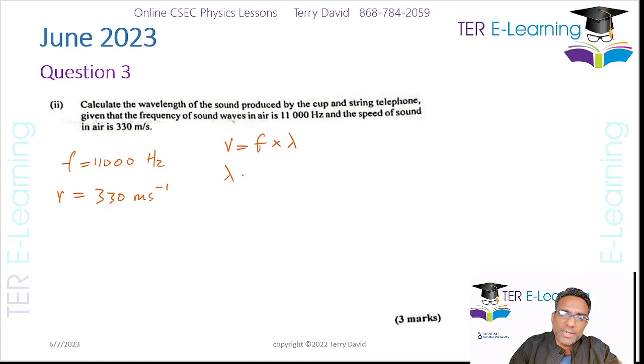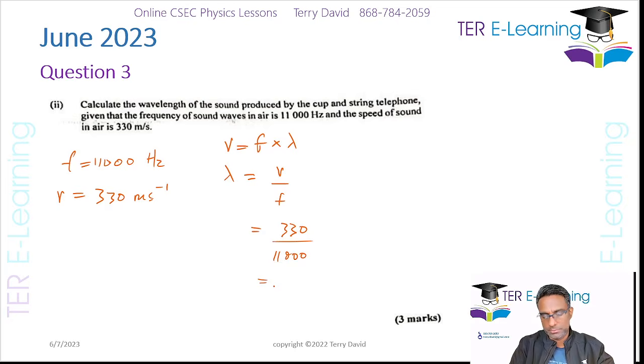So wavelength is equal to V over F. So the speed here is 330 divided by 11,000. And we're going to get 0.03, and that is wavelength, so that's meters. So 3 marks for that.